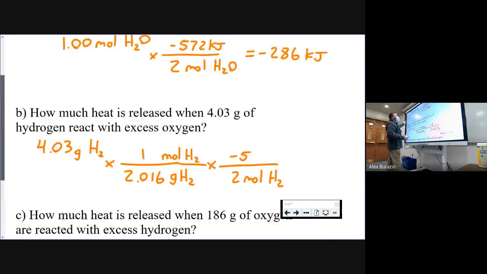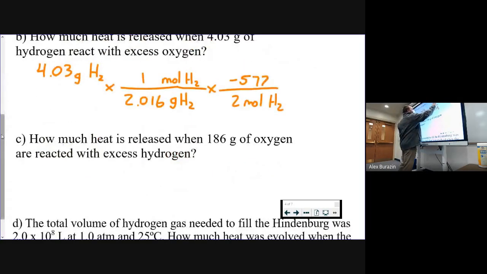Can't even remember my number. 572. So how much total energy is released when 4.03 grams of hydrogen are reacted?